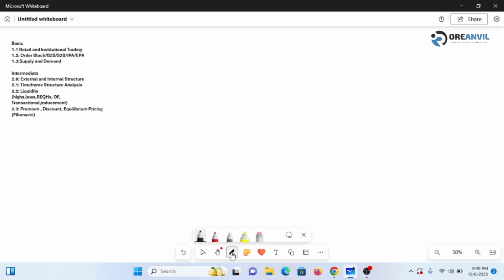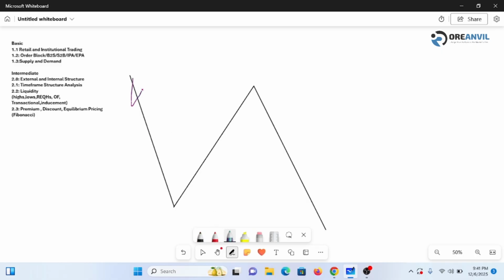So when we are doing this top-down analysis, we start from the monthly time frame. Let's say this is a monthly time frame. Weekly is internal to this monthly time frame.